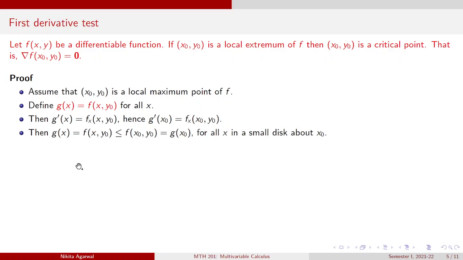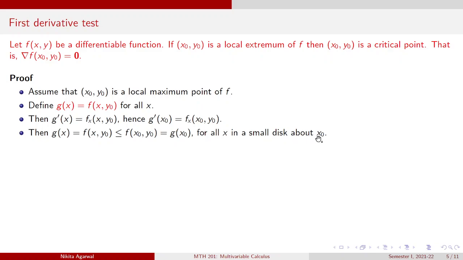Now, if you look at g(x), which is f(x, y0), remember (x0, y0) is a local maximum point. Therefore, this value is less than or equal to f(x0, y0) in some disk about (x0, y0). But f(x0, y0) is nothing but g(x0). So g(x) is less than or equal to g(x0) for all x in some disk about x0.